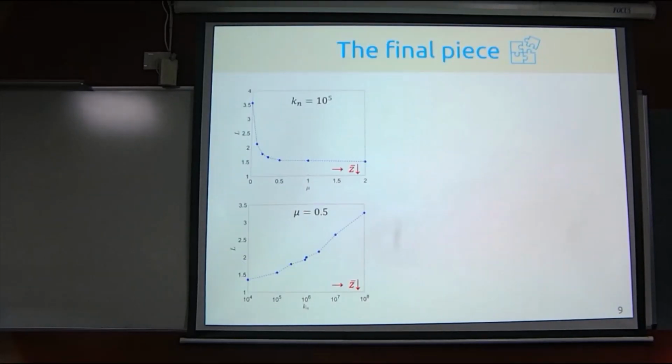We move back to simulations because we can do simulations for a range of particle stiffness and friction coefficient. So here, if we increase the friction coefficient, the saturation length is decreasing. But if we increase the stiffness, the saturation length is increasing.